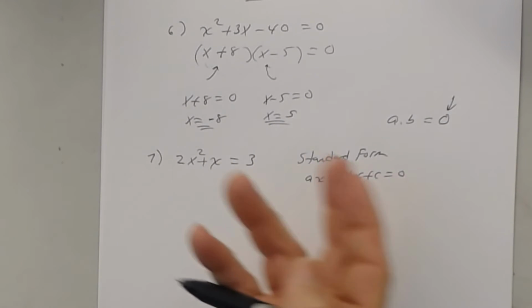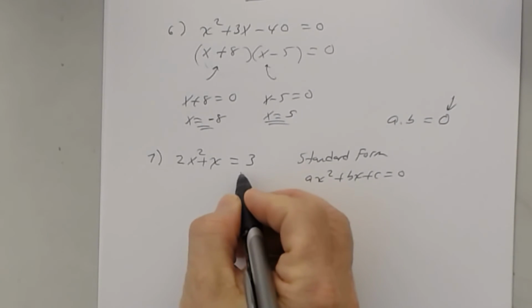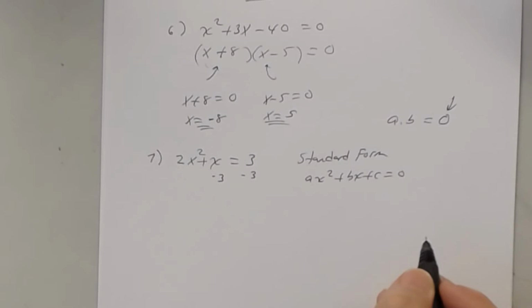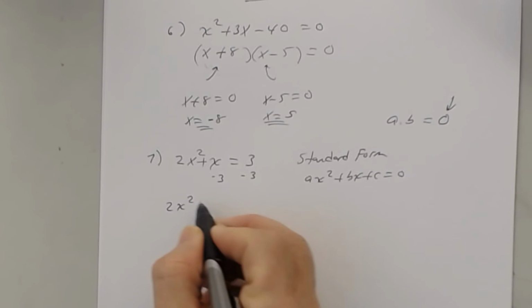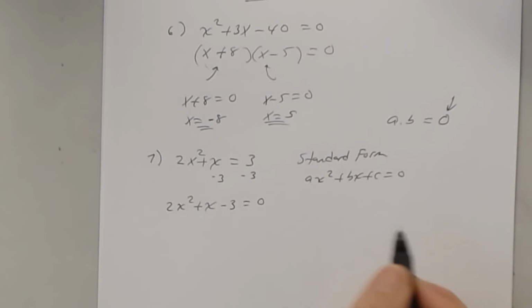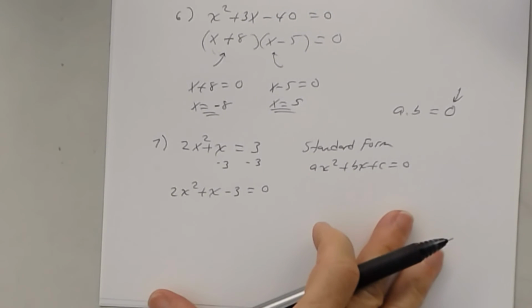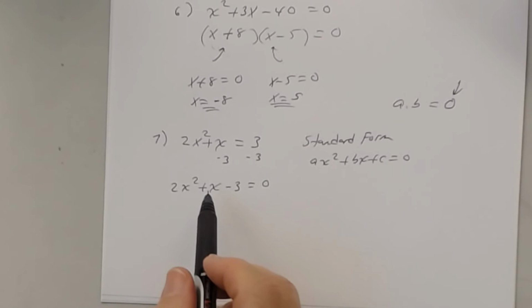So all you do is bring everything to one side, and what's going to be on the other? 0. So you got to bring that 3 over, right? So really what you're doing is subtracting 3 from both sides. And so when I do that, I get 2x squared plus x minus 3 equal 0. So now I will be able to use the zero factor property. But I got to factor this trinomial, this quadratic trinomial.